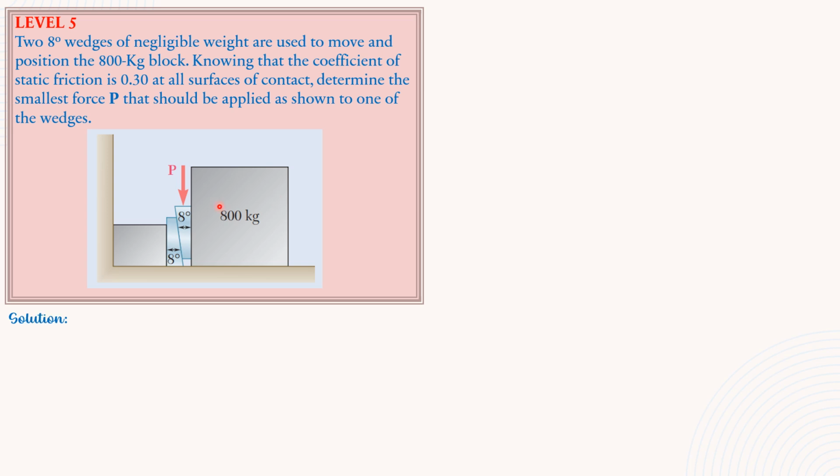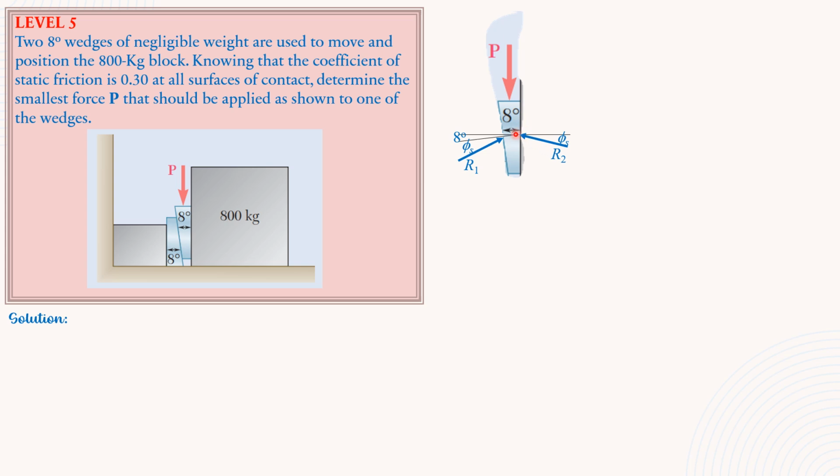For the solution, let's have the free body diagram of the 8-degree wedge. So let's call R1 and R2 the resisting forces on that wedge. R1 makes an angle with the normal to the surface of φs, and the normal and the horizontal makes an angle of 8 degrees, the angle of this wedge.